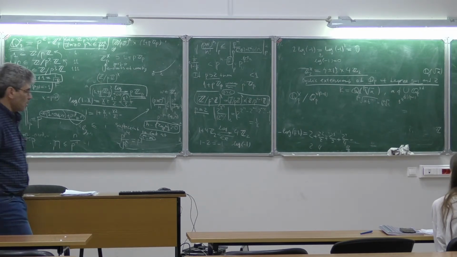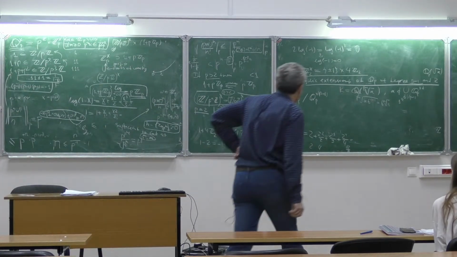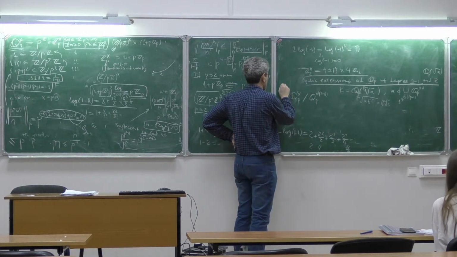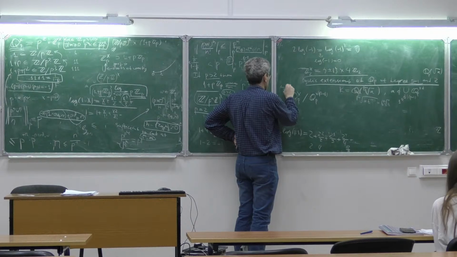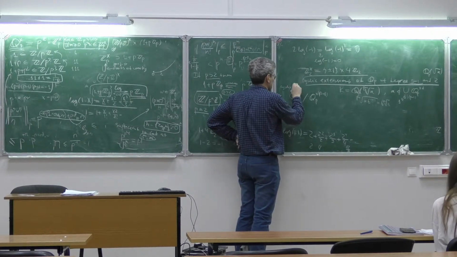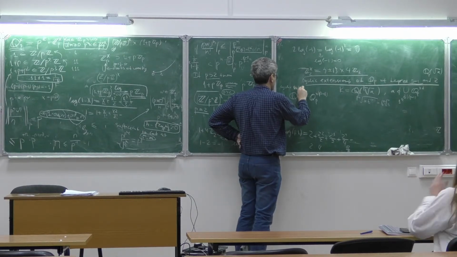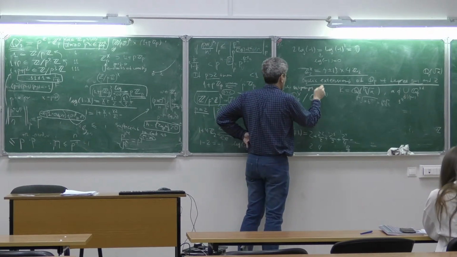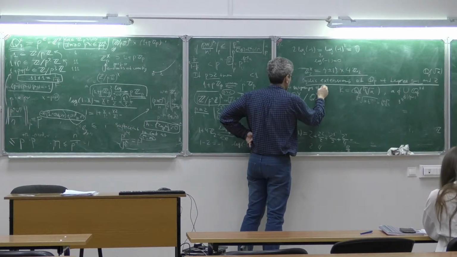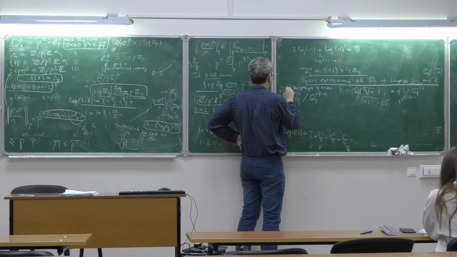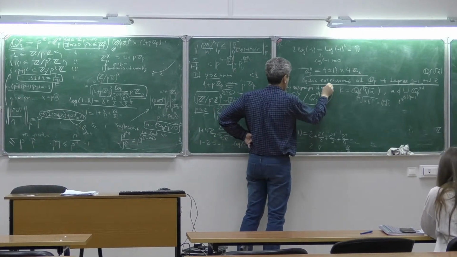Actually, you are looking for subgroups of this group. So cyclic subgroups of order p minus 1 in this quotient.